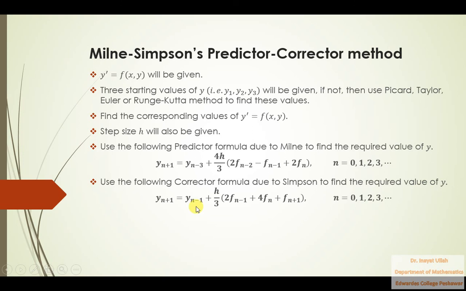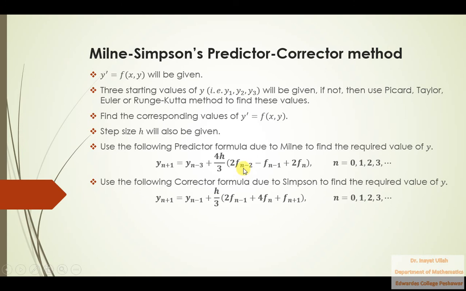Here is n minus 3 and here is n minus 1, plus that is 4h by 3, but this is only h by 3, and this is 2 f of n minus 2, and that is 2 f of n minus 1. There is a negative sign, minus f n minus 1, but there is a positive sign for n.